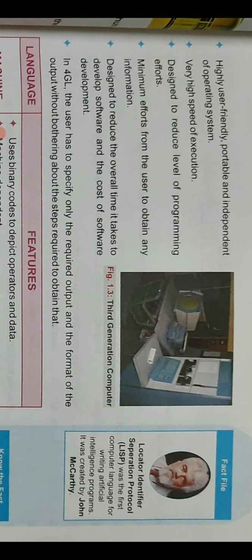Fourth generation languages are a combination of languages with the following features. These are simpler than high level languages. These languages are more natural and similar to the languages we speak. That means it is very similar to our spoken language.